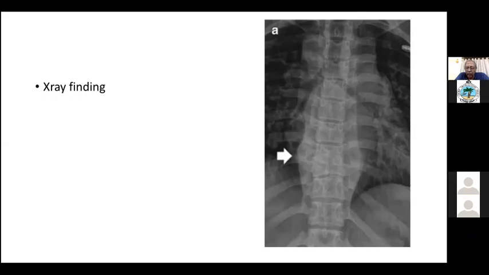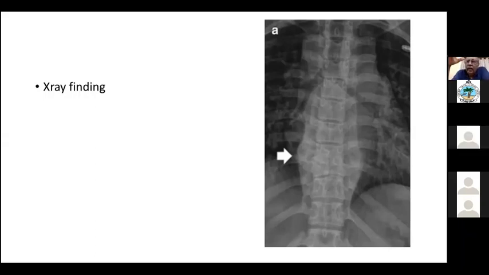Thirty-year-old with a backache, no neurological features. He has difficulty in bending forward. Paraspinal shadow. Most probably due to tuberculosis. Yeah. So it is a paraspinal shadow due to tuberculosis.